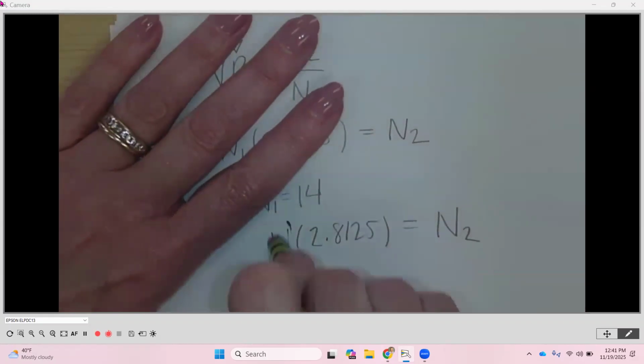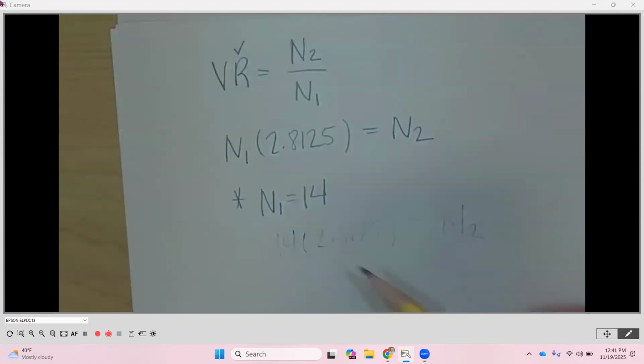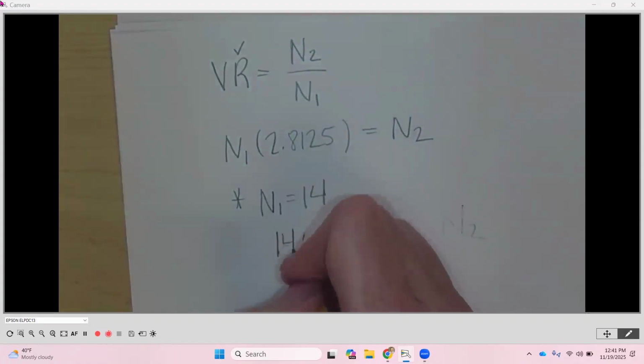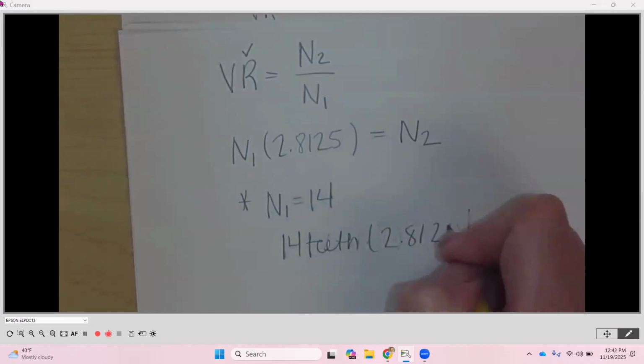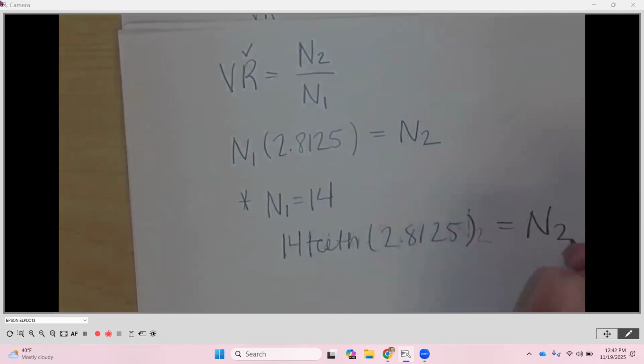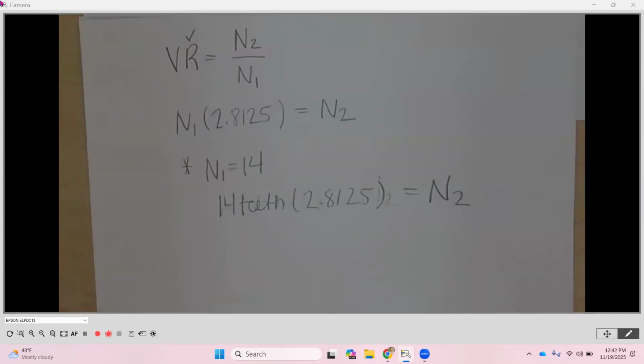Actually, I didn't put my units in here, I'm sorry. It should be 14 teeth times 2.8125 is equal to N2. Does that make sense to everybody? Put your teeth in there as the units, because otherwise there's going to be no units and you'll wonder what they are.